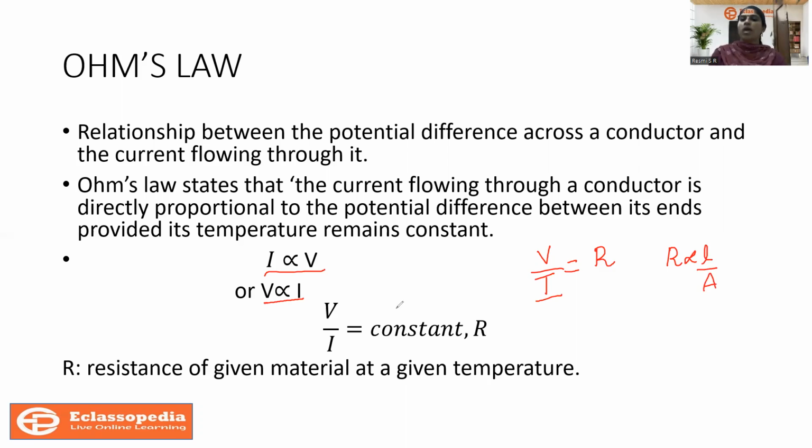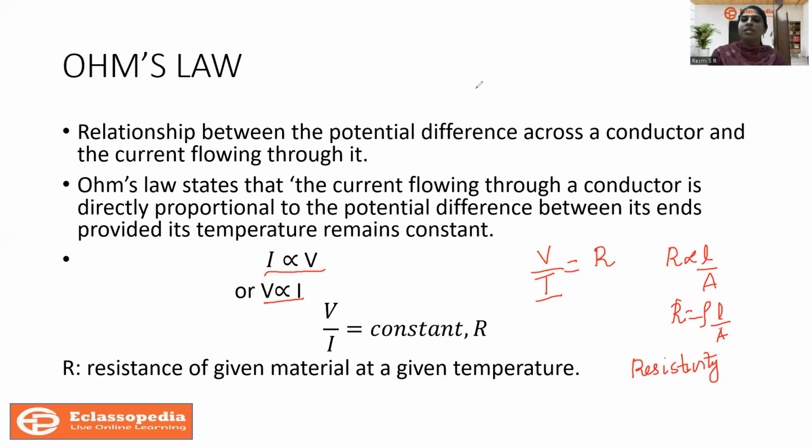R is proportional to L by A, and R can be written as resistance equal to a constant rho into L by A, and rho is called the resistivity of the material.